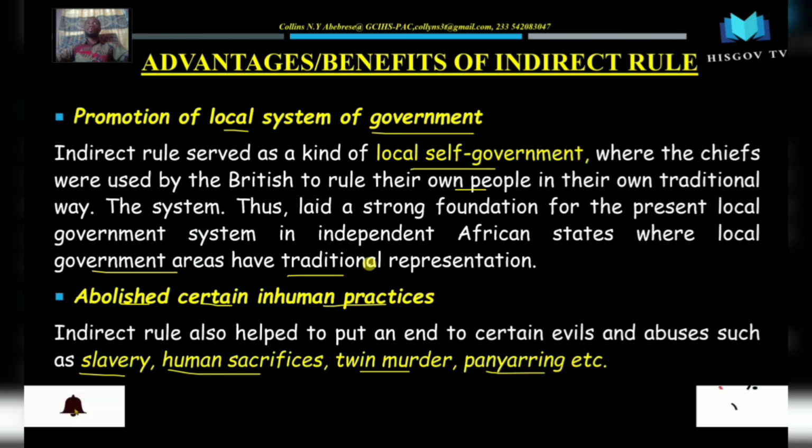Even if you look at the Foomena Treaty somewhere in 1874, you will see some of these clauses there, putting pressure on the traditional chiefs to do away with such inhuman practices. And these things were possible because of the indirect rule system that the British had introduced into the Gold Coast.